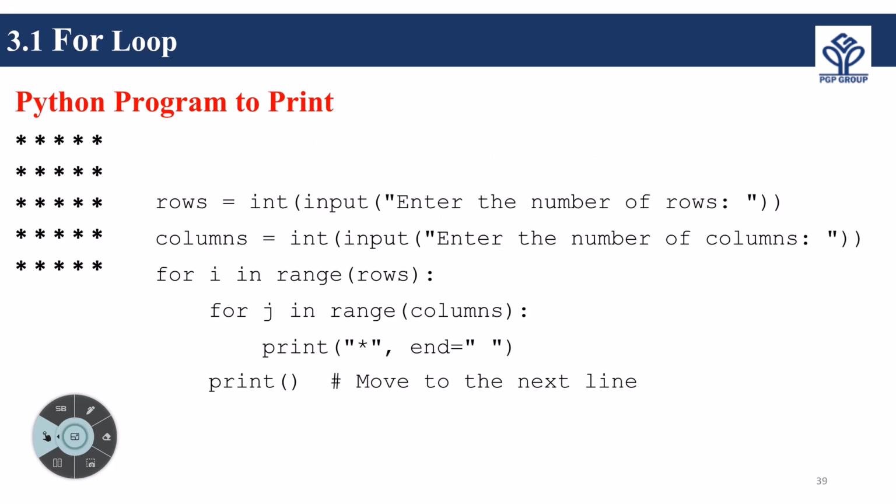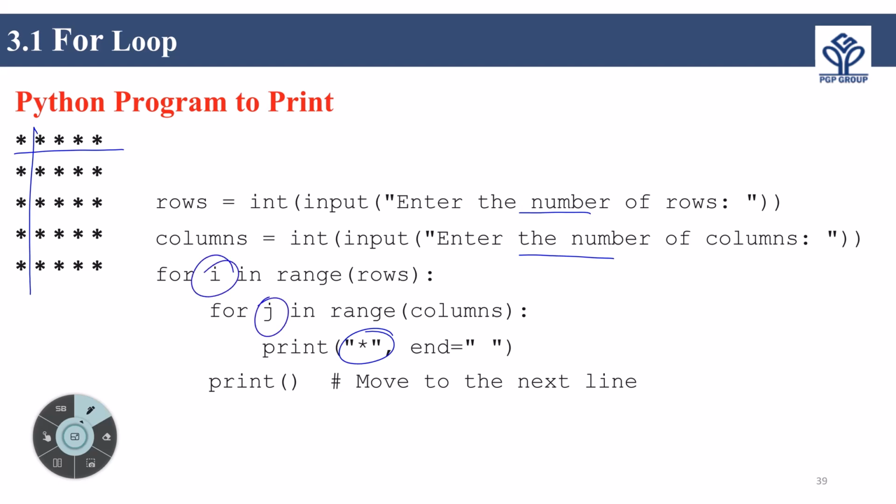Next one, this is a star pattern, same as the previous one, we are using the star method, ending with the star value. So number of rows, number of columns, I told you, number of rows means 5 rows, number of columns means 5 columns. So to check the range, it is I value and j range value.